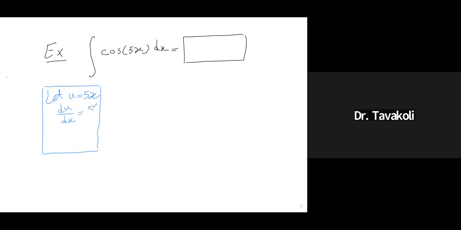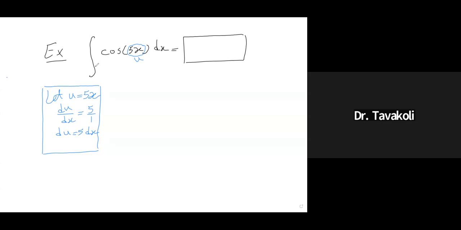is 5, meaning that 5, if I write 5 as 5 over 1 and by cross multiplication, 5 dx equals du, or du equals 5 dx. So in this integral, 5x was taken as the new variable u, and du is 5 dx.